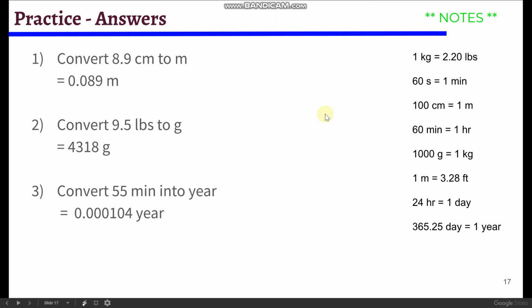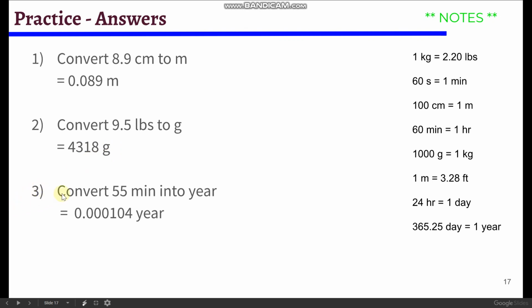Okay, so now that you've had a chance to try these problems, let me just go over the answers with you real quick. So for number one, we were trying to convert 8.9 centimeters to meters, so that would be 0.089 meters. For number two, we were trying to convert 9.5 pounds to grams, so we should have ended up with 4,318 grams.